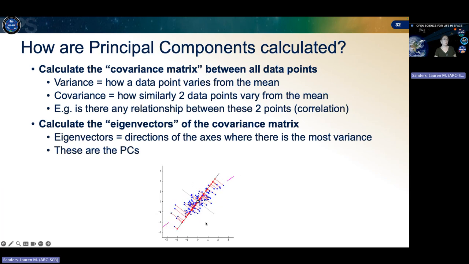But then you can see there's also some variance within this data set going in the opposite direction, so that the dots are also spread out going from the bottom right up to the top left. There is some spread, not as much as going from the bottom left to the top right, but there is some spread going from the bottom right up to the top left.